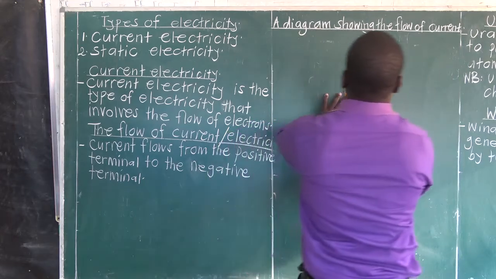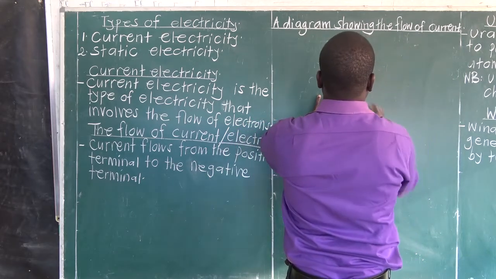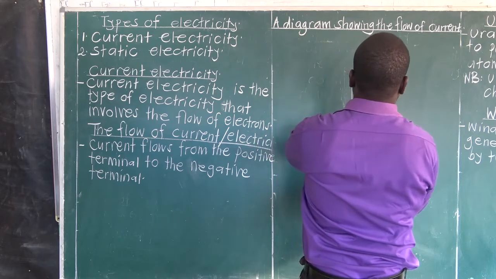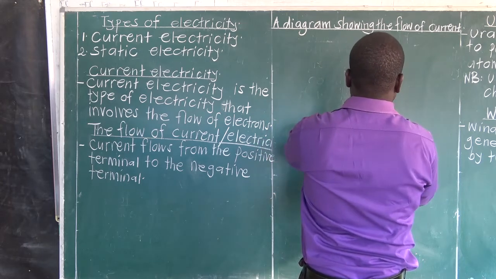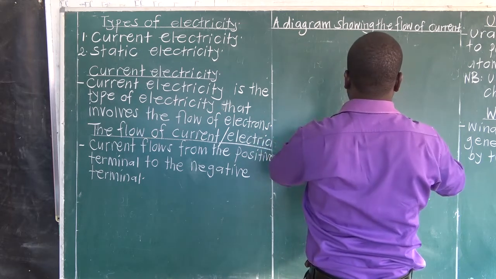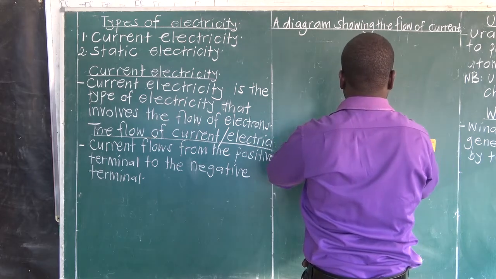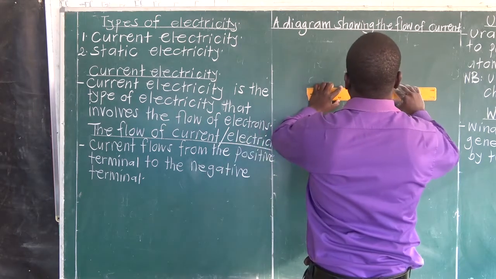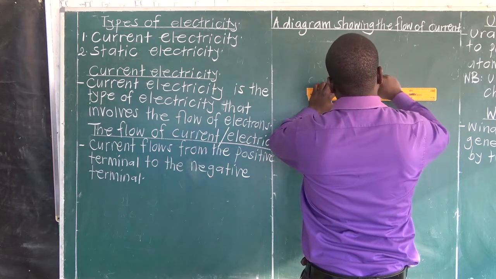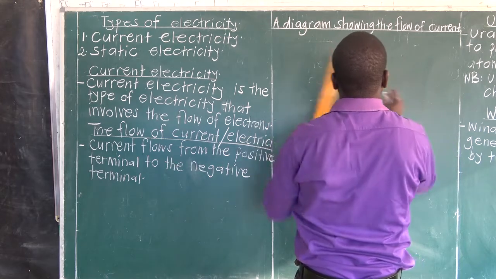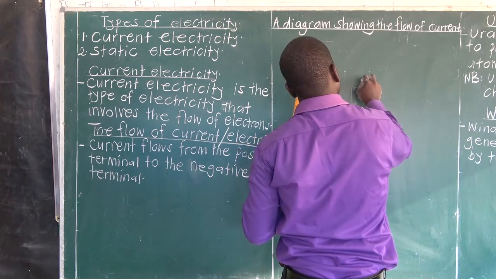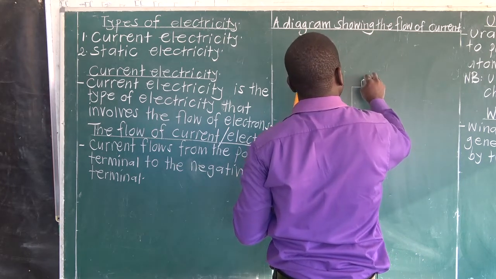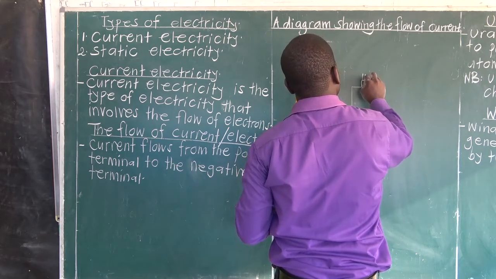So we're going to draw an electric circuit. An electric circuit is a path through which current flows. I repeat, an electric circuit is a path through which current flows. So we shall draw a dry cell, then we shall also draw a bulb, then we show the flow of current.